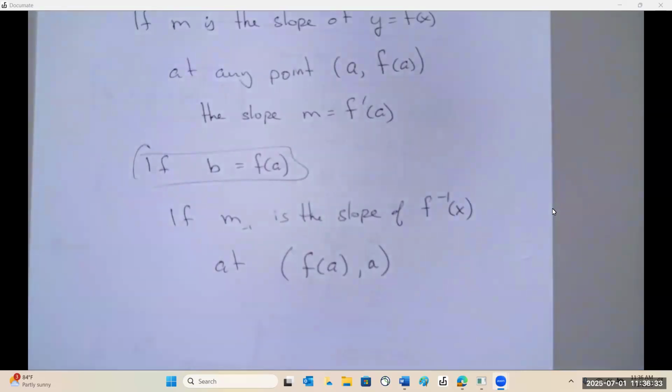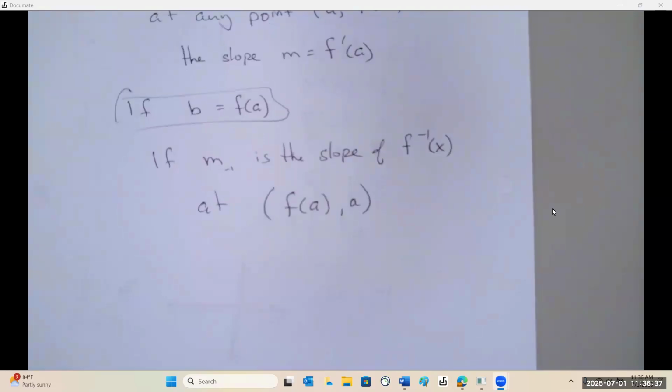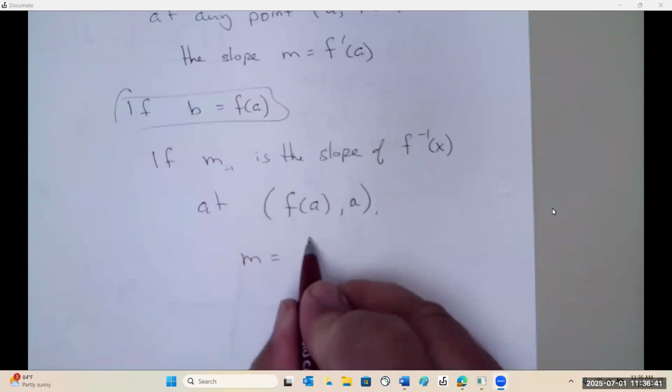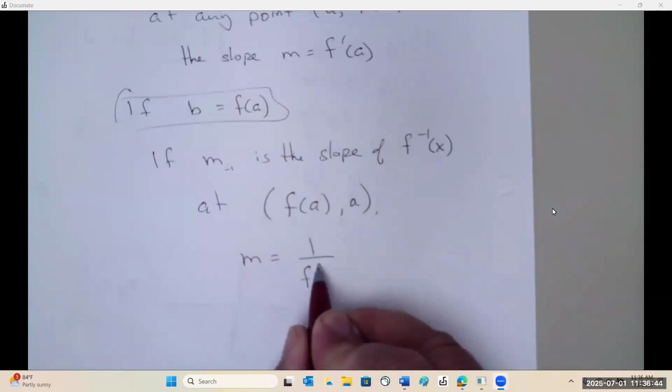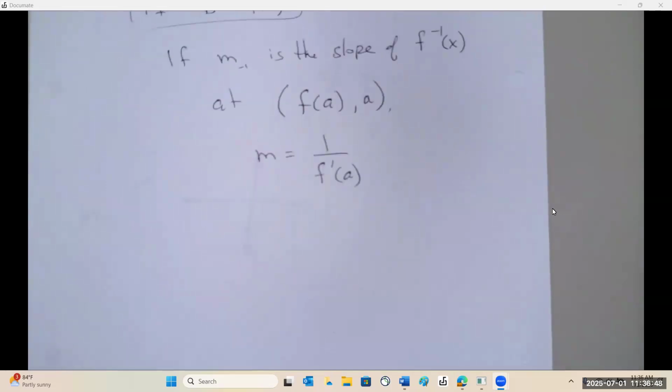Because remember, you switch x and y to find the inverse. Then the slope is equal to 1 over the derivative of f at the inverse of a.